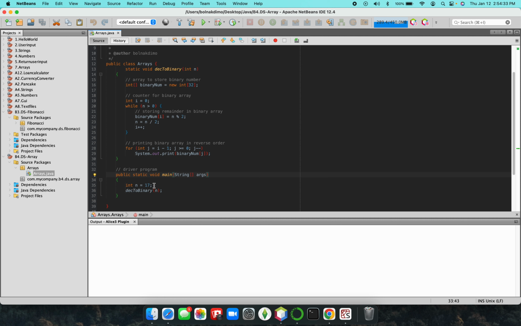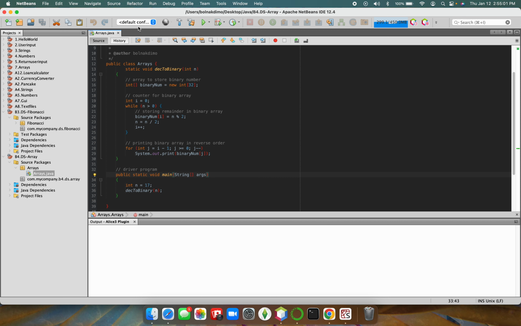So this number here is what drives it. The integer n equals 17, and this value is being put into this formula right here where n is continuously being divided by 2 until you have zeros and ones as the remainder, and as the dividend, and then the remainder.